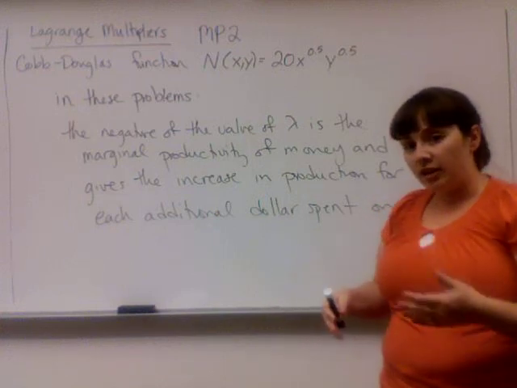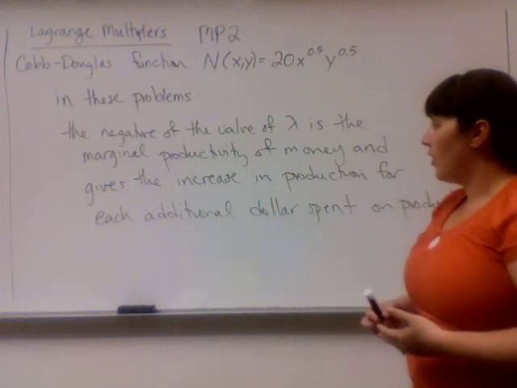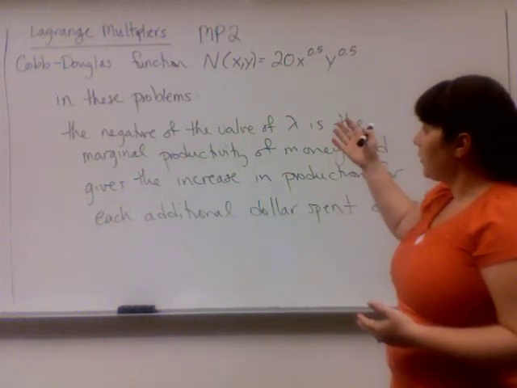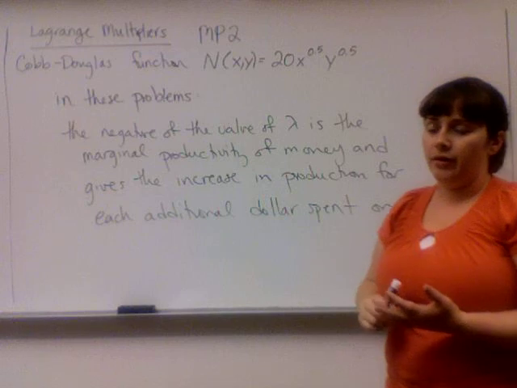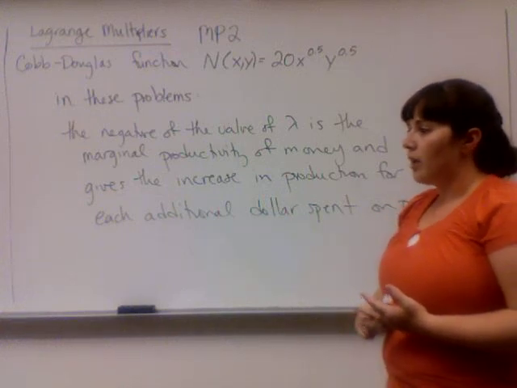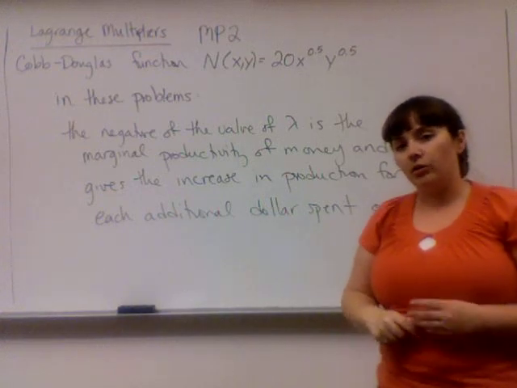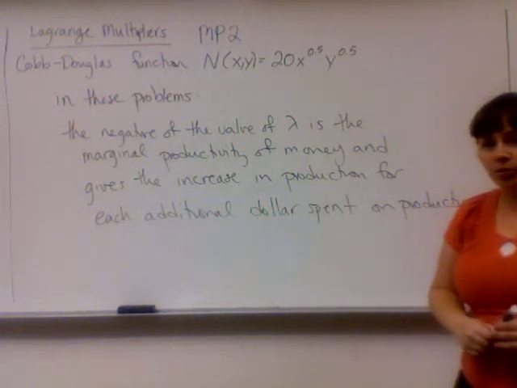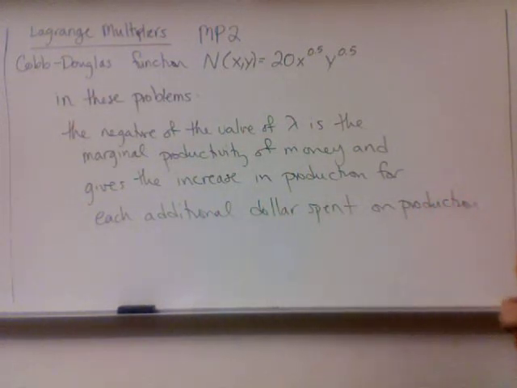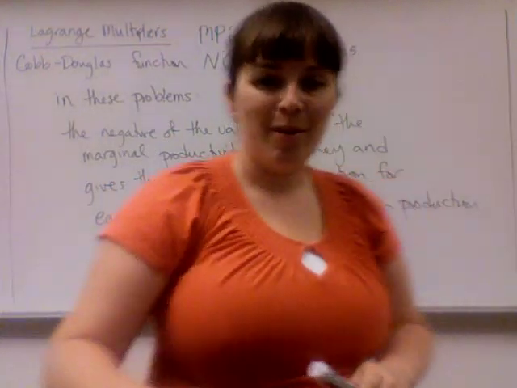You get a lambda equals equation. You can figure out the value of lambda by replacing x and y that we got, 3750 and 1250, into that lambda equals equation. It'll give you a value for lambda. And that'll be the marginal productivity of money. We'll talk more about this tomorrow during class.